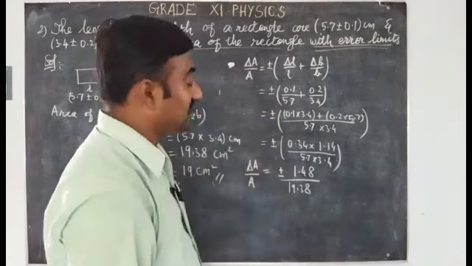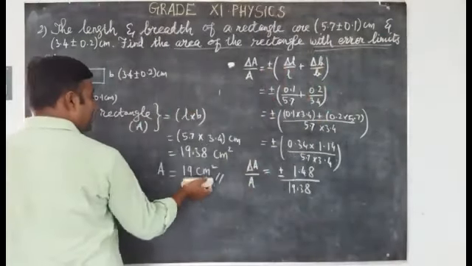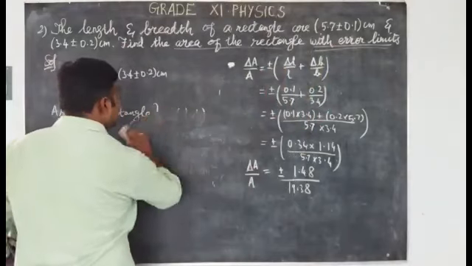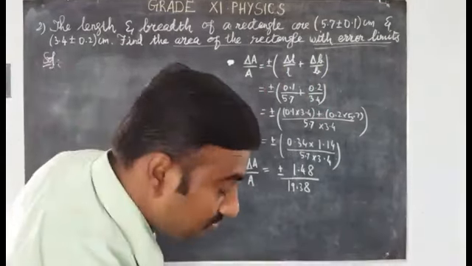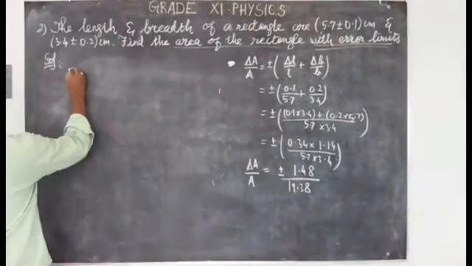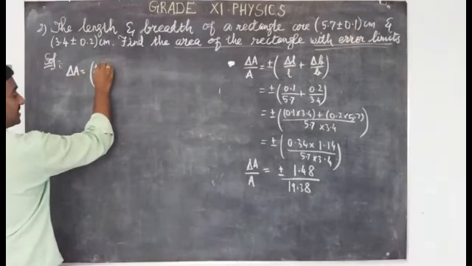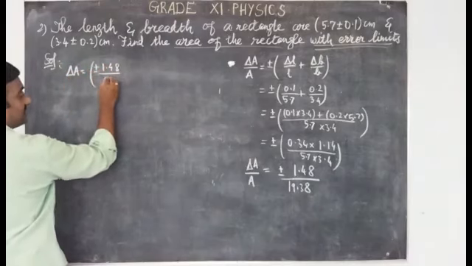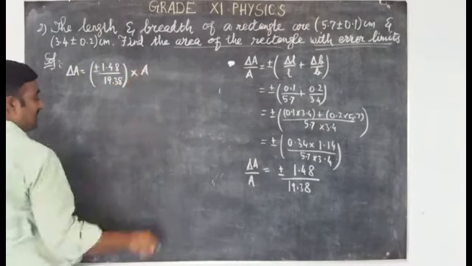Because we need the error limit only, so delta A by A, the area we have calculated. In the next step, we need to find delta A only. Therefore delta A is equal to plus or minus 1.48 divided by 19.38 into the area. What is the area of the rectangle?